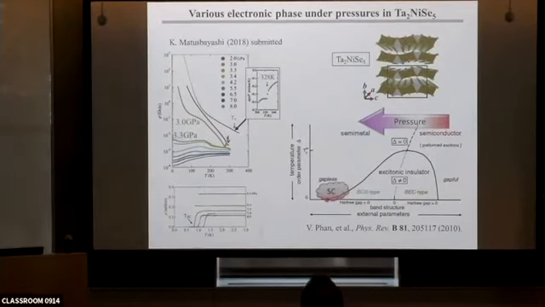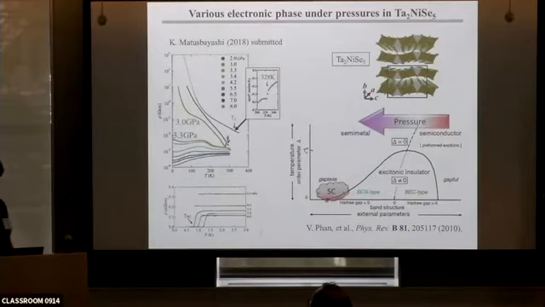Superconductivity appears at 8 gigapascal. By applying pressure, tantalum nickel selenide 5, which is predicted to be in the BC region, moved to the semimetal region.